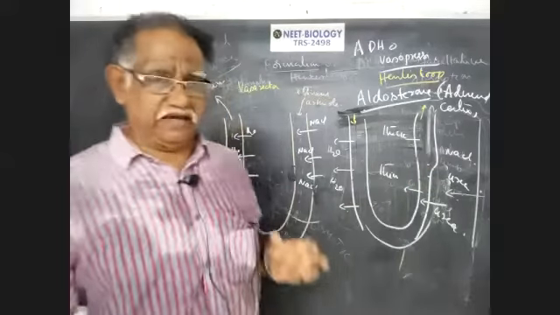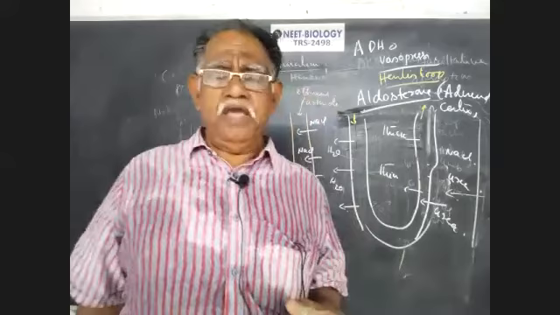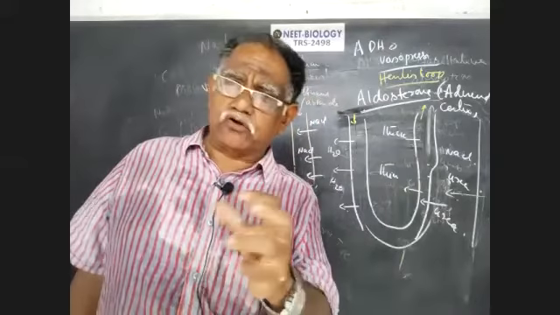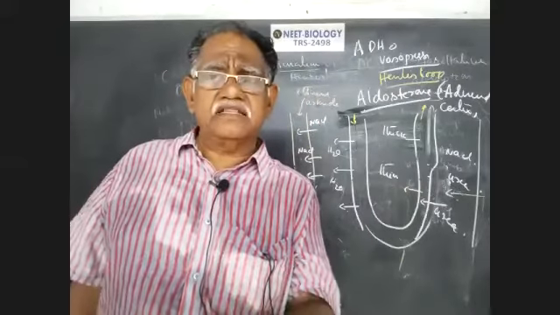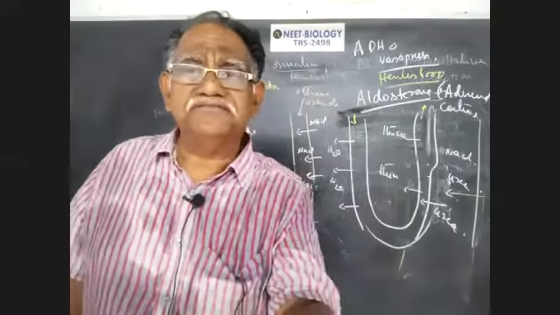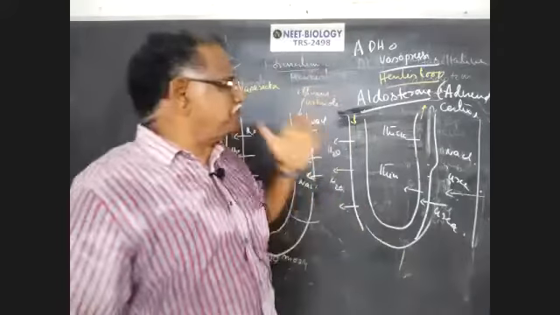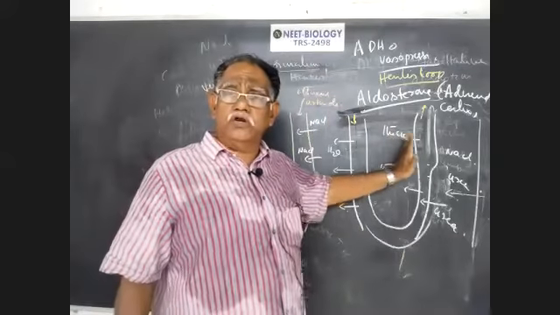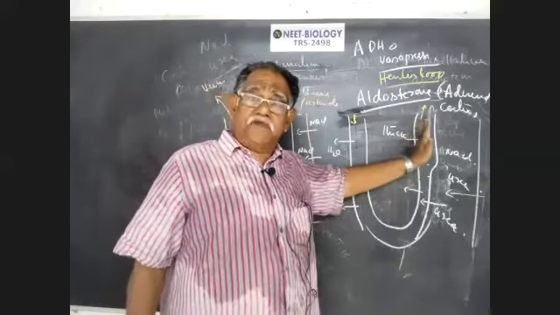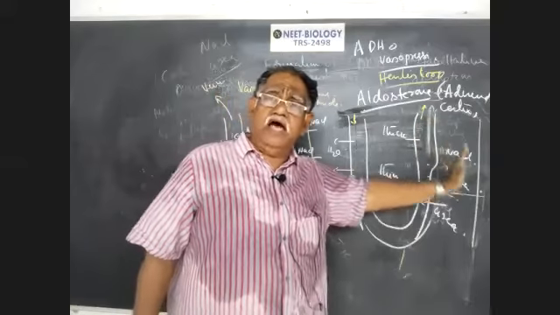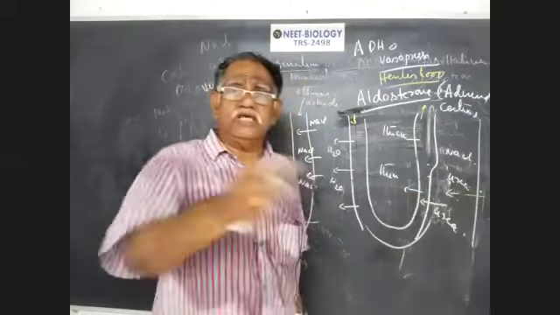So here, the reabsorption of water and of electrolytes is under the control of hormones. The reabsorption of water and solutes from the distal convoluted tubule and collecting tubule is under the control of the hormones.